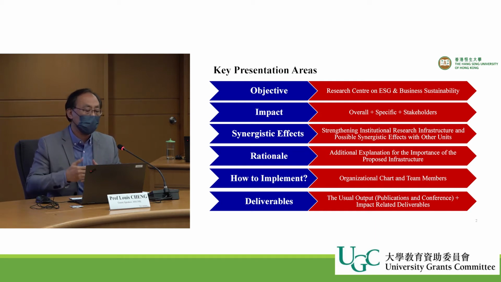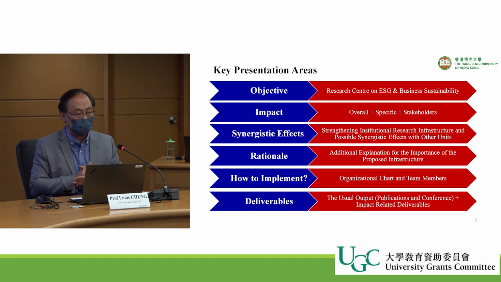In the requirement of the IDS guideline, I think mentioning synergistic effects among all the other existing centers will be relevant and important, so that it's not just a standalone project, but will induce and maintain a stronger, wider impact within the university, and hopefully also in society.